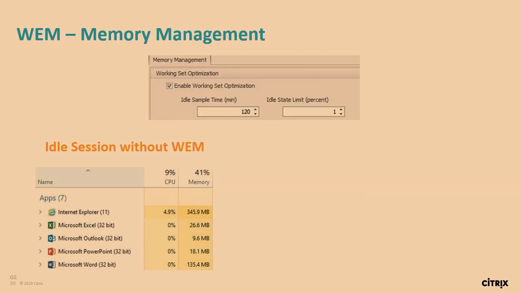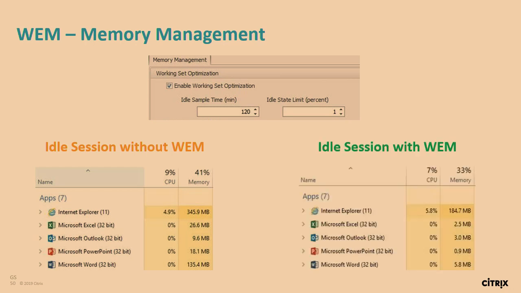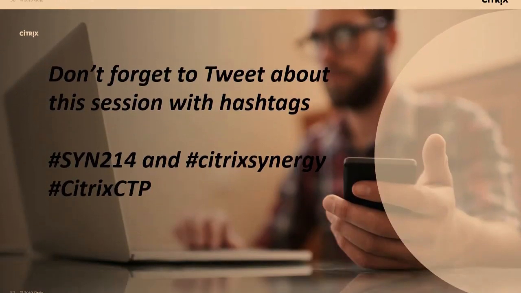If we use what's called the memory working set optimization, WEM can actually take back RAM from a process silently without affecting the application. So on the right, you can see that WEM has actually taken back almost 50% of RAM from that idle process. That allows you to give RAM to active users in your environment for processes that are active. So that's another critical and important feature of WEM.